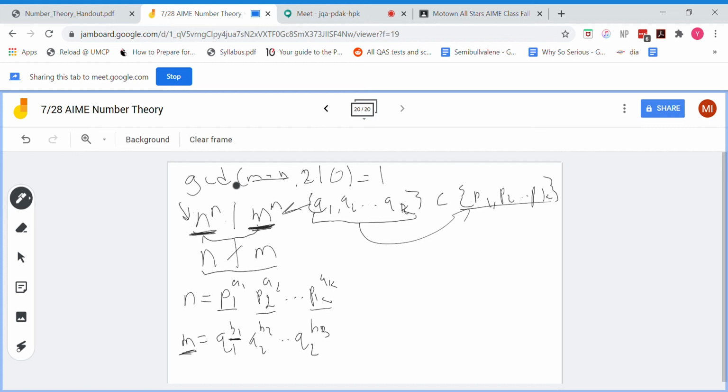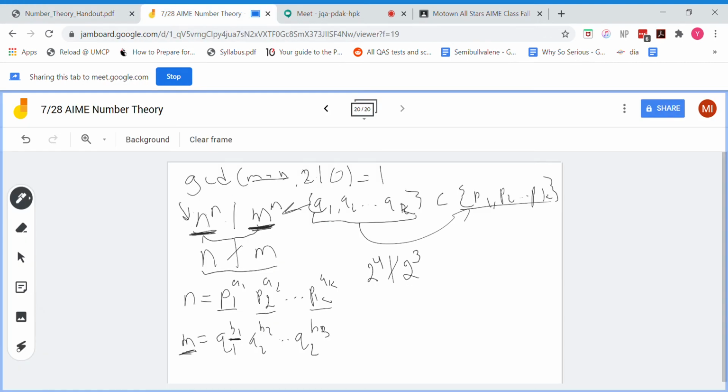So for example, if one of the q's was 2, maybe in m it's 2 to the power of 3, and in n it's 2 to the power of 4, in which case this would not divide. So that's the only possibility. Okay.